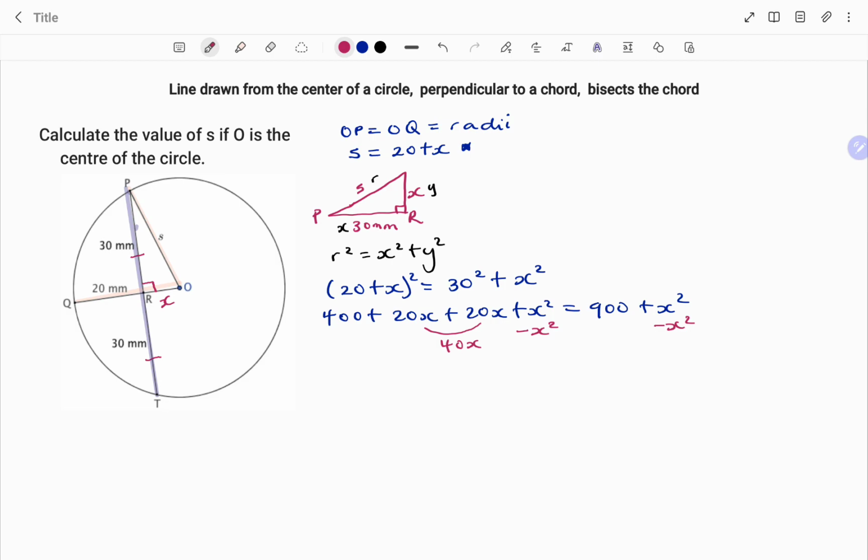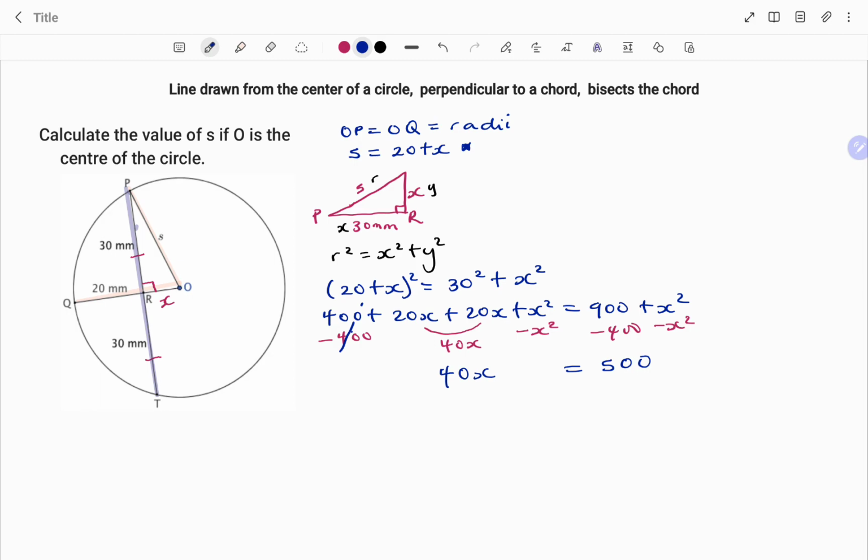Then I'm also going to subtract 400 from both sides, such that my new equation becomes 400 minus 400, that cancels out. I have 40x equals 900 minus 400, that's 500. X squared minus X squared cancels out.